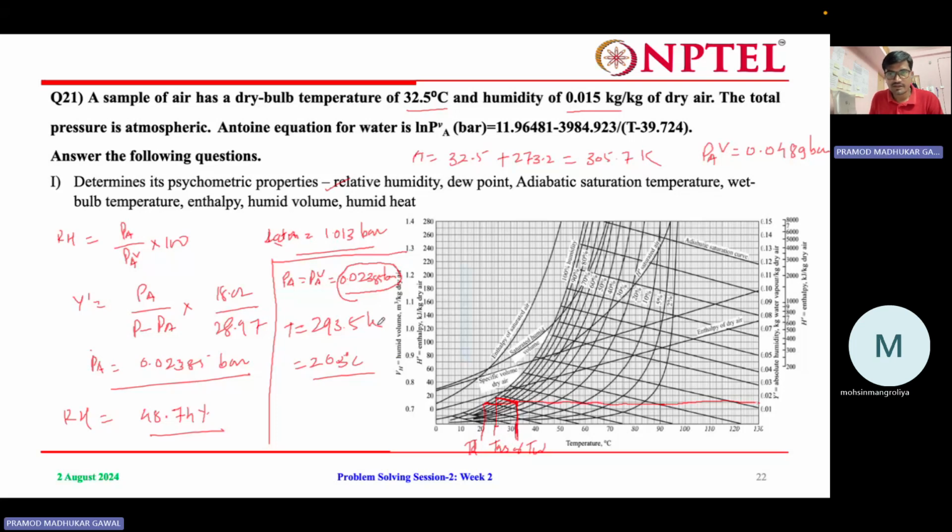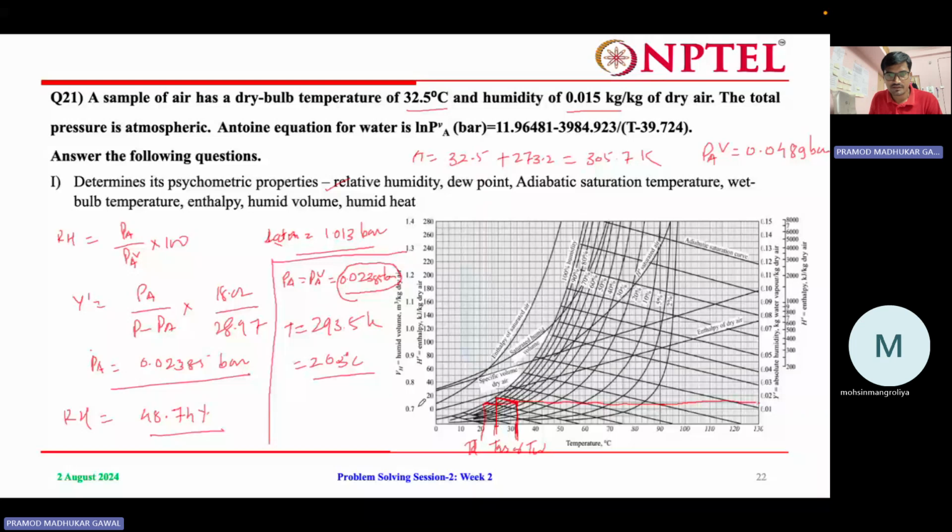Right. So calculate the adiabatic saturation temperature. This one is the adiabatic saturation temperature. Here is 5, so 22, 24, 25, around the 20 points.